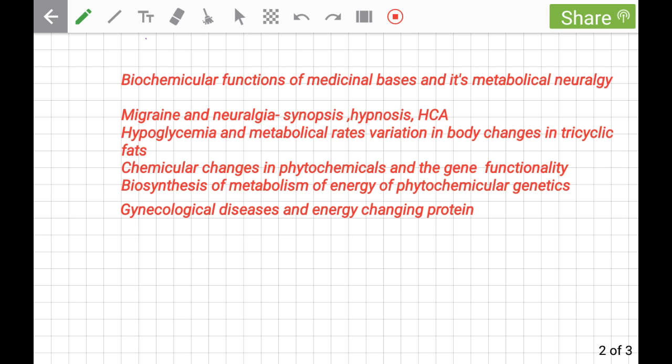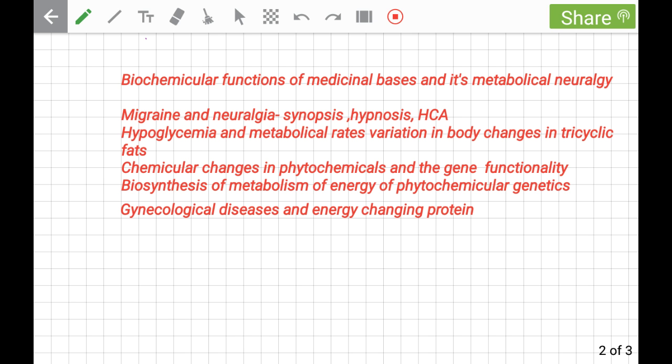So we can see the energy and rotate the energy with the help of the rotator proteins. Hypnosis is a process which is helped with the concentration of states, and HCA is a hypnosis activity which is caused here, and an amidated protein. So the next one is hypoglycemia and metabolic rate variation in the human body.